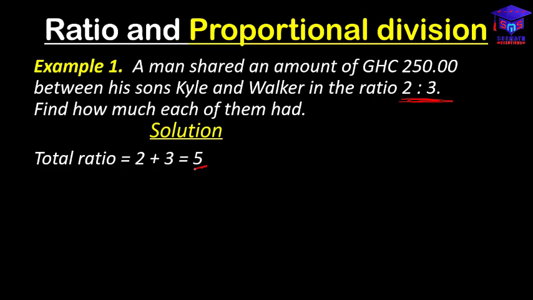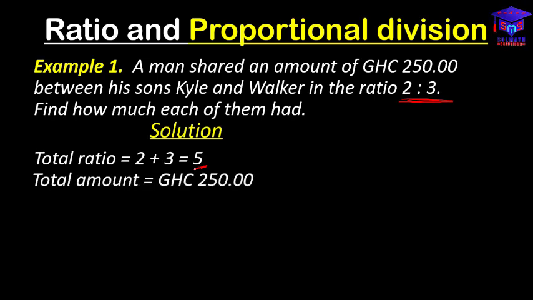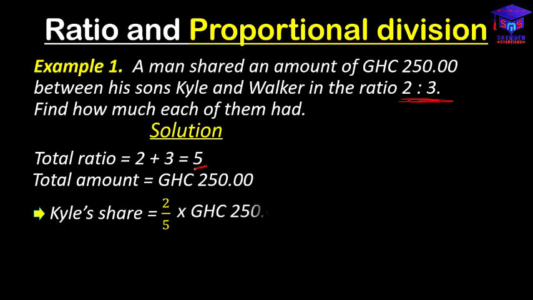Alright. Now you have to be able to write out the important information from the question, just like we did for the total ratio. So we should be able to write out the total amount that they are supposed to share, and that is 250 Ghana cedis. Now if you're able to do this, the next thing is to write the part that belongs to Kyle, the fraction for Kyle. So Kyle's share will be equal to Kyle's fraction, that is 2 over 5, times the total amount that they are supposed to share, right?